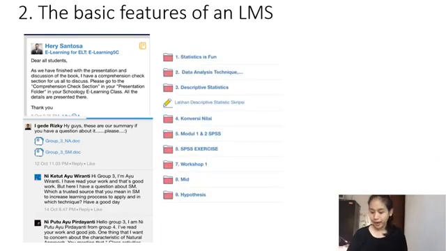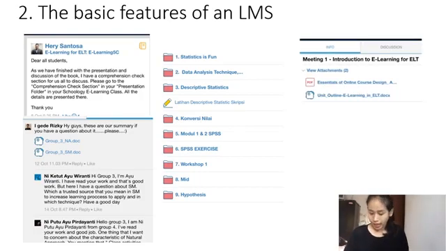And next is the syllabus and course lessons. The teacher has to provide the syllabus, for example, in one semester, what the students will learn about. And also course lessons, for example, every week the teacher provides a different lesson, and every week students will learn a different lesson.